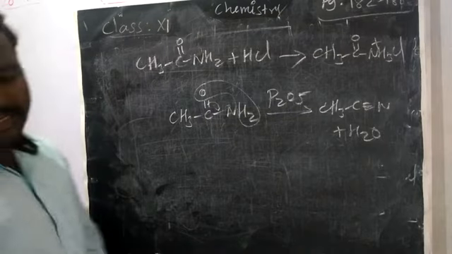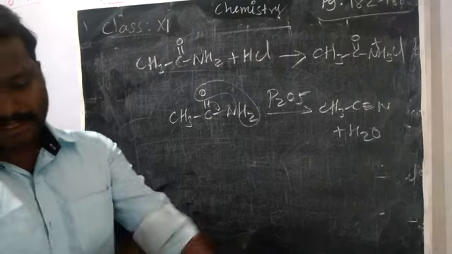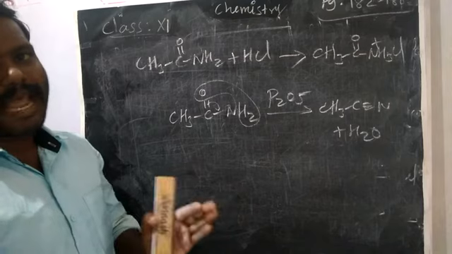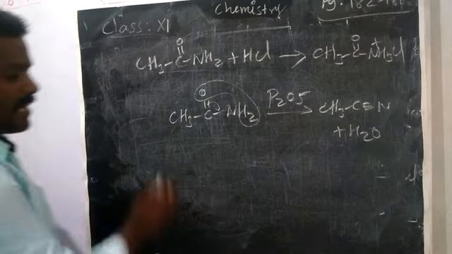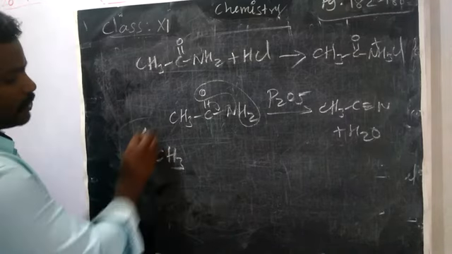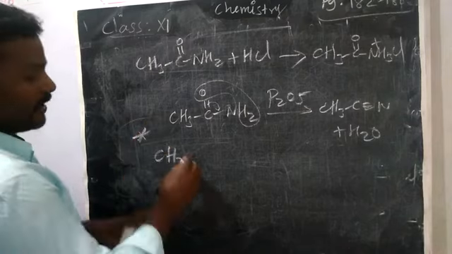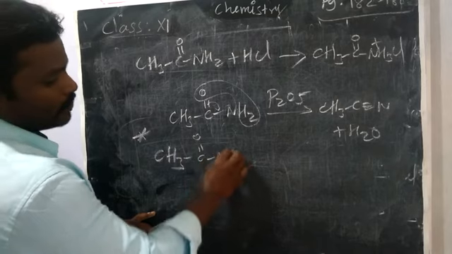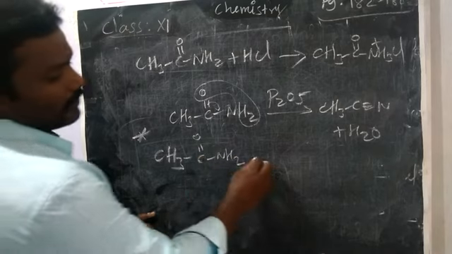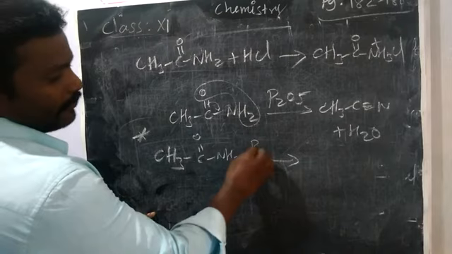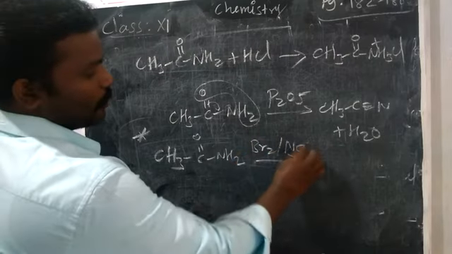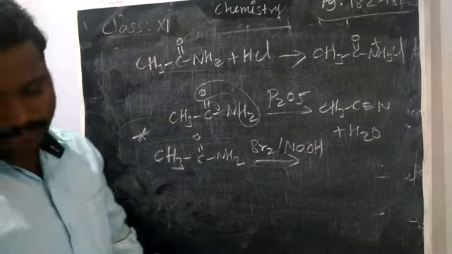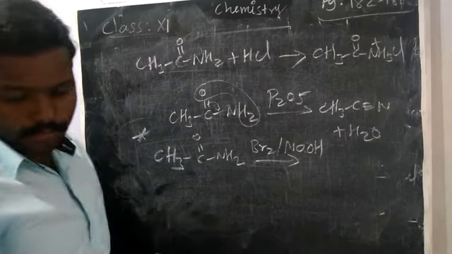Hoffmann's degradation. What do we mean by Hoffmann degradation? Acetamide reacts with halogen in the presence of a base. This is also an important reaction. CH3, C double bond O, NH2 is reacted with bromine in the presence of sodium hydroxide.